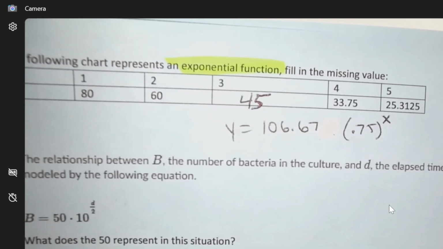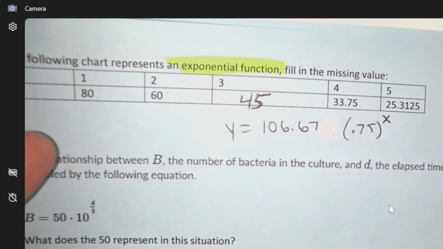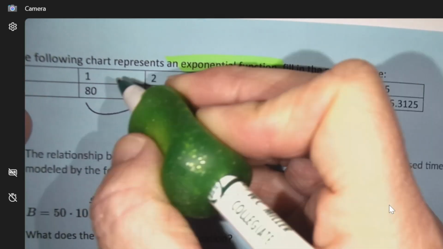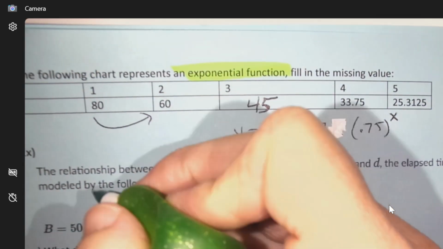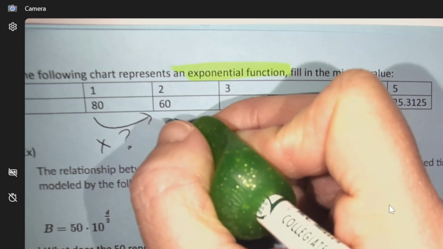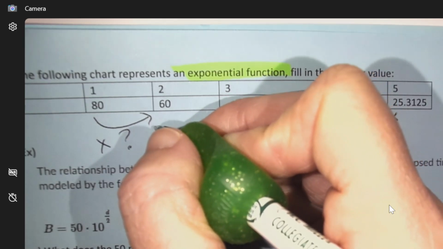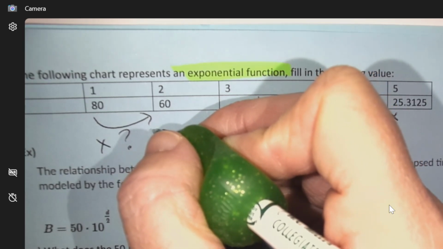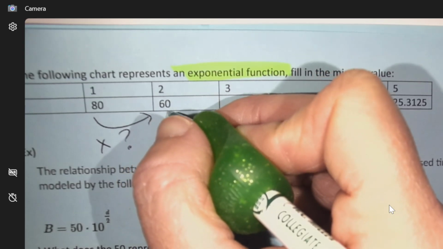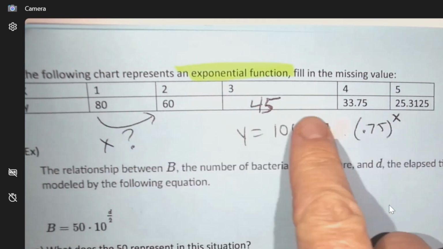So, here's what I'm going to do. From 80 to 60, what did I times by? Would you agree your timesor is smaller than 1? Because you're decreasing. You're getting lower and lower and lower.